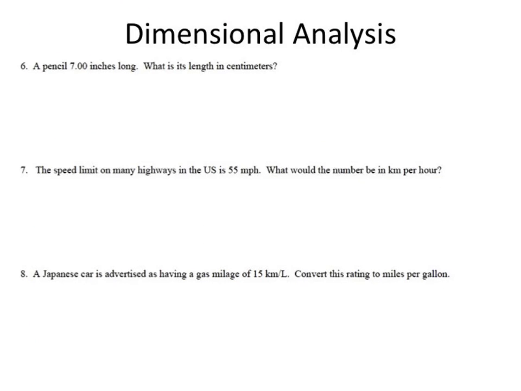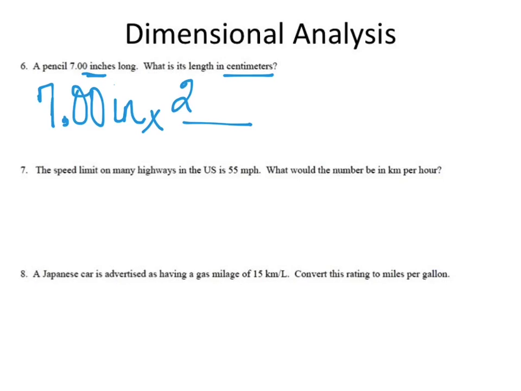All right, a pencil is 7 inches long. What is its length in centimeters? So, 7.00 inches. What's the conversion factor from inches to centimeters? 2.54 centimeters is 1 inch.